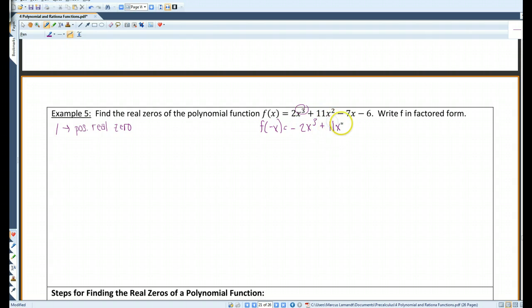This sign stays the same, but this sign changes. Now we have one variation of the sign here and another variation of the sign here. So there are either 2 or 0 negative real zeros.